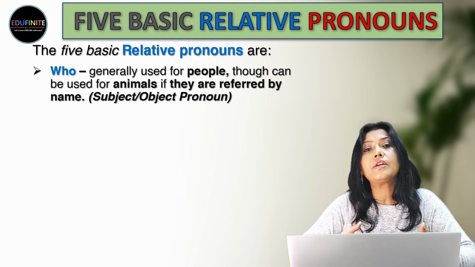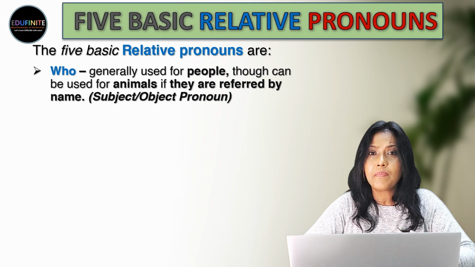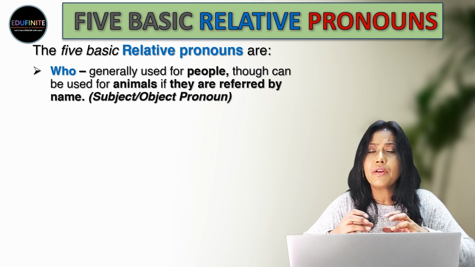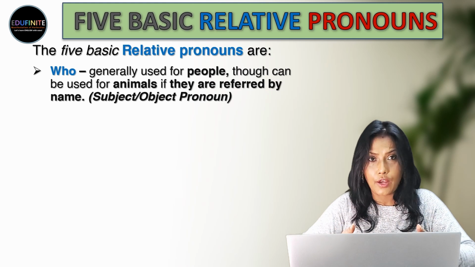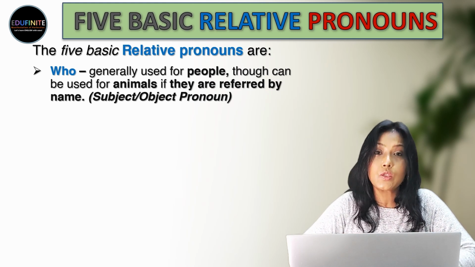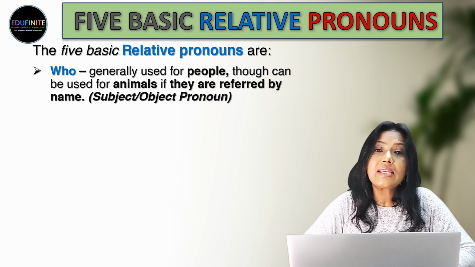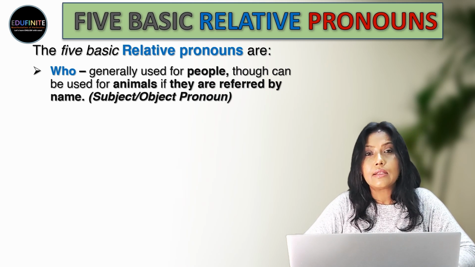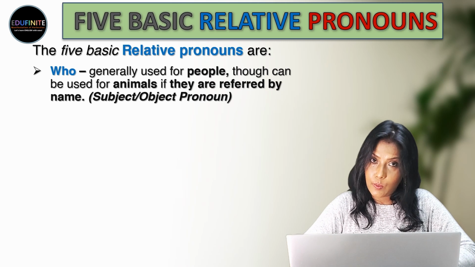So if we refer to our pet animals by name, in that case we can use the relative pronoun who to tell more about that pet. But if we refer to animals in general, we cannot use who. It's only for people. And it is used both as a subject pronoun and the object pronoun as well.